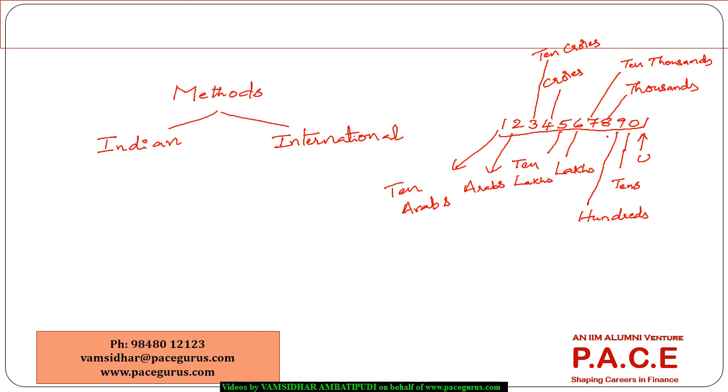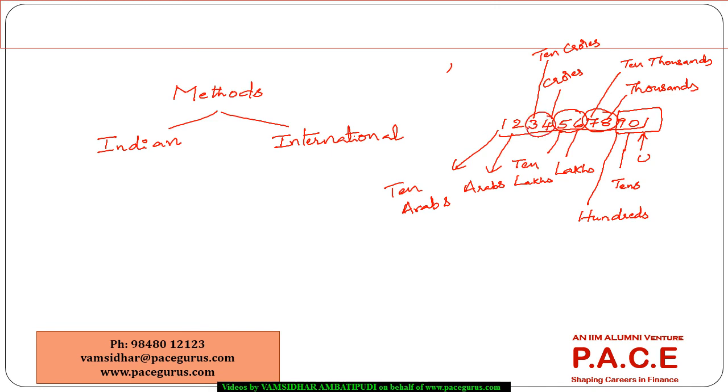In the Indian system, there is a kind of separation which we generally put with a comma. These three digits are one group. Then the thousands are one group, so 78,000. The lakhs and 10 lakhs are one group.